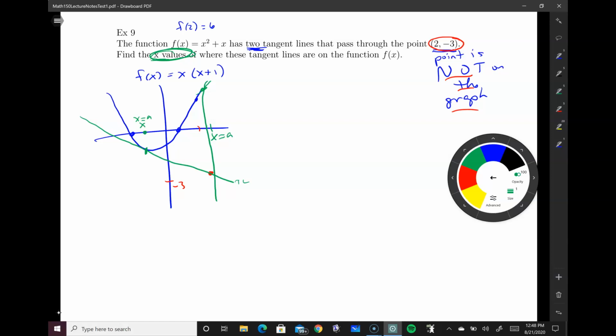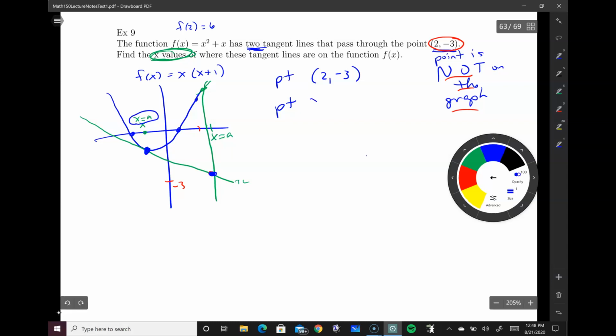So let's think about what I've got. I've got several things. I know that the point 2, -3 is on the tangent line. So there's my tangent line. The 2, -3 is on the tangent line. I also know there's another point that's on the tangent line. Can you see, if I have this x equal a, it's on the function.